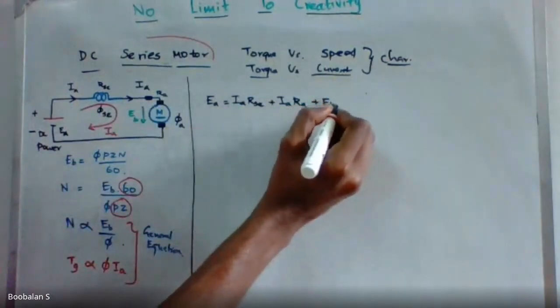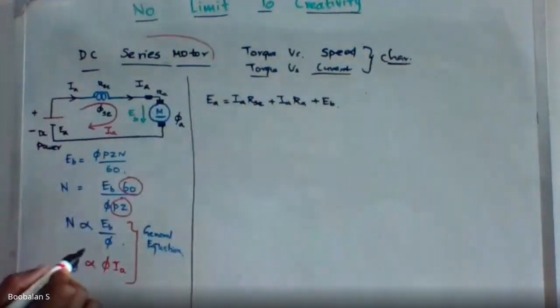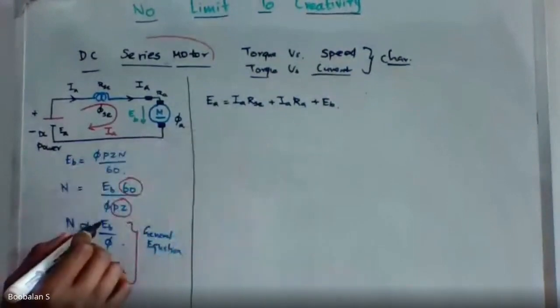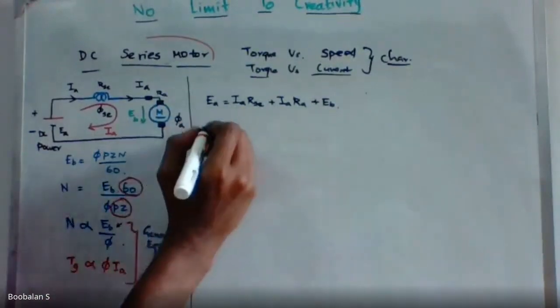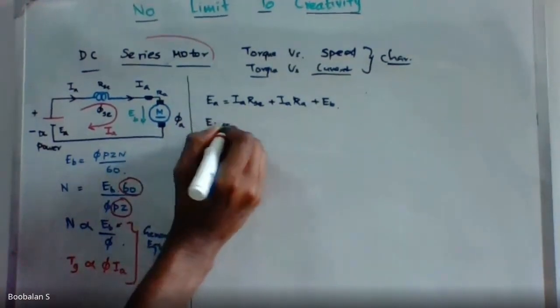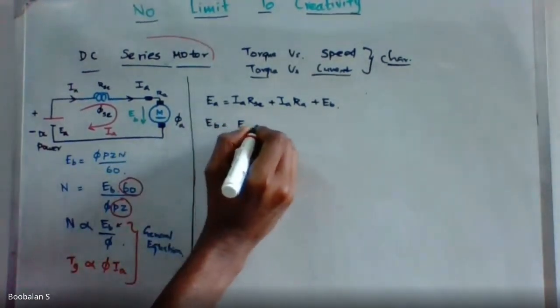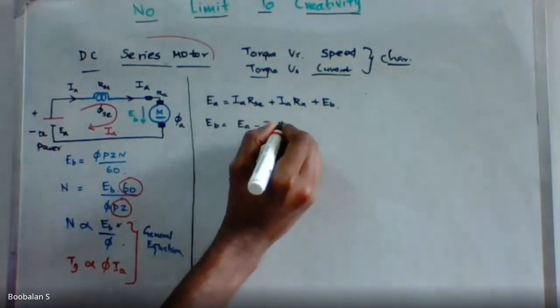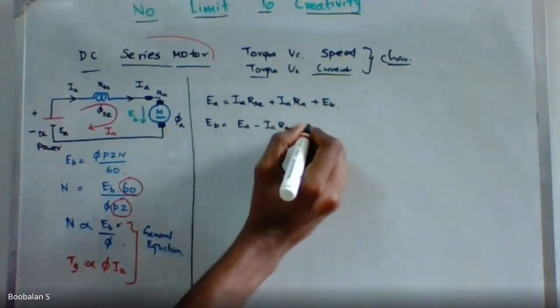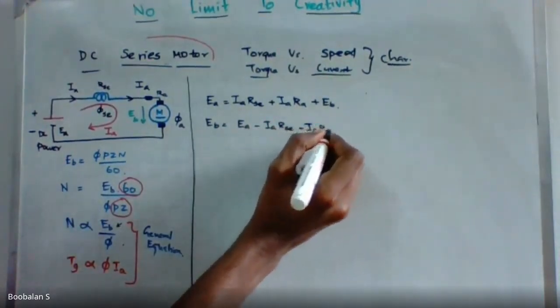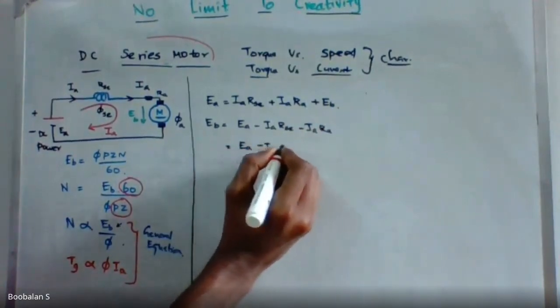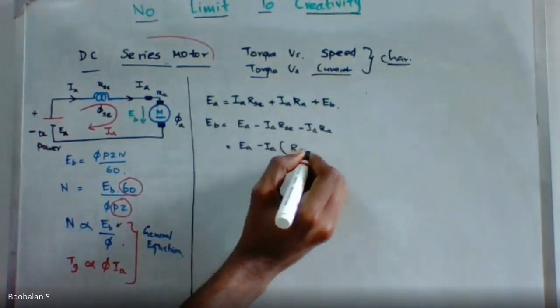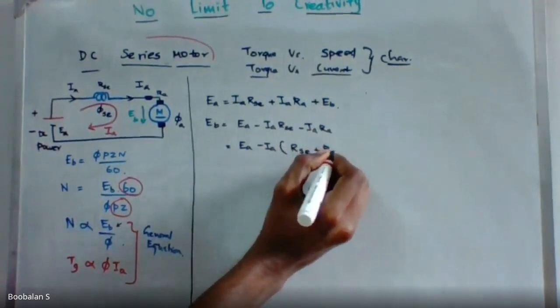Now, the same way we discussed in the last class, we need to replace EB. So what is the value of EB in this equation? EB equals EA minus IA RSC minus IA RA. Taking IA as a common term, EB equals EA minus IA into (RSC plus RA).